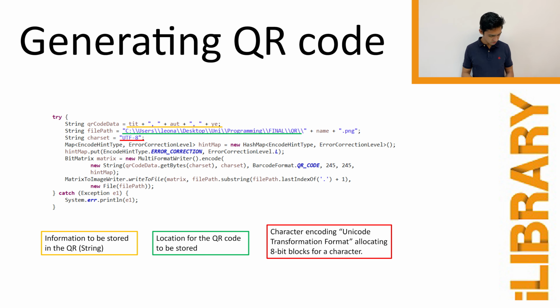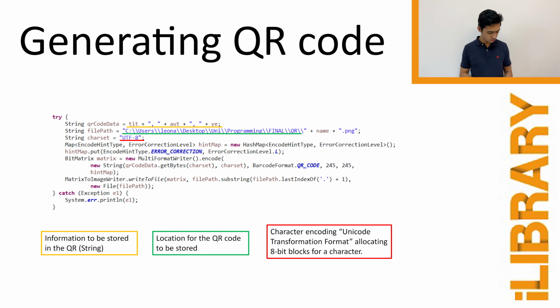And the last string, which is called the char set, is a kind of character encoding called Unicode Transformation Format, which allocates 8-bit blocks for each character, something more technical, which is called UTF-8.